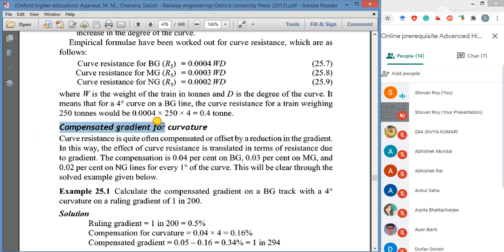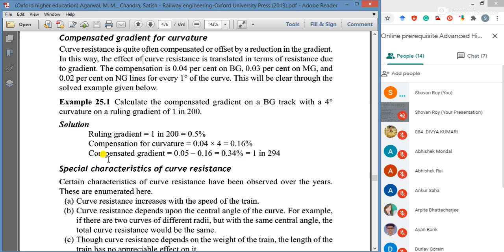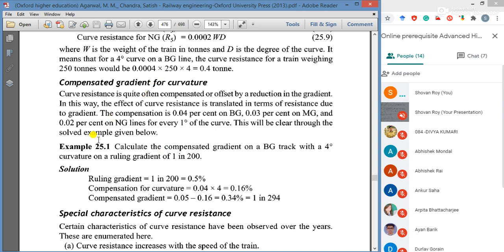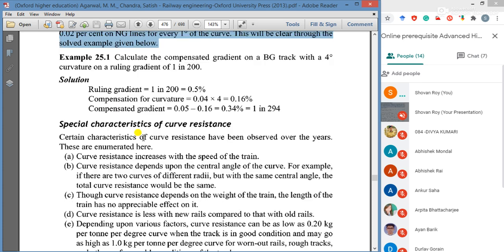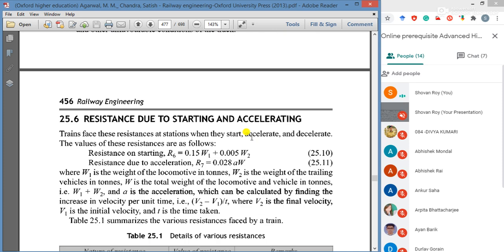A provision of compensation is also given, but you can read it from the book. This will not be covered in our numerical problems. Special characteristics of curve resistance are not important.